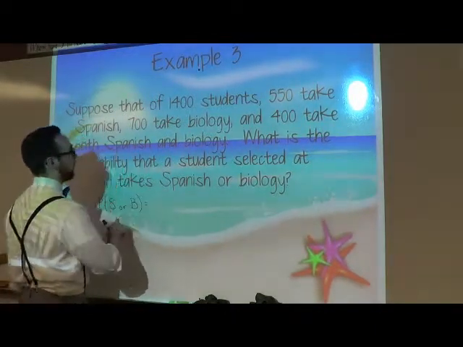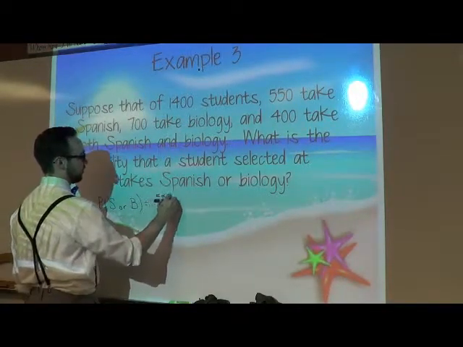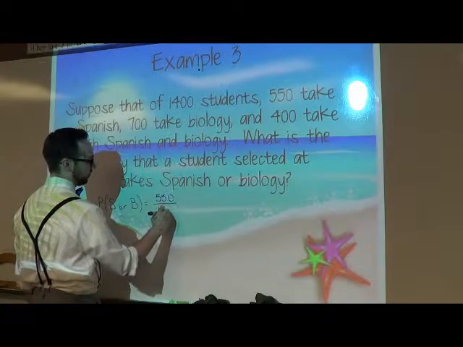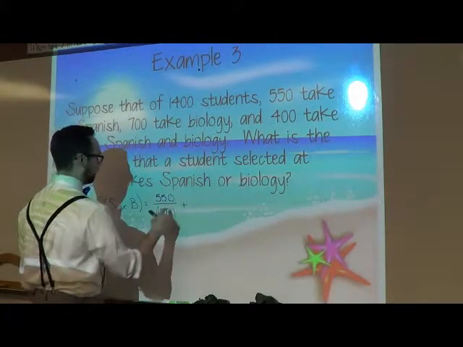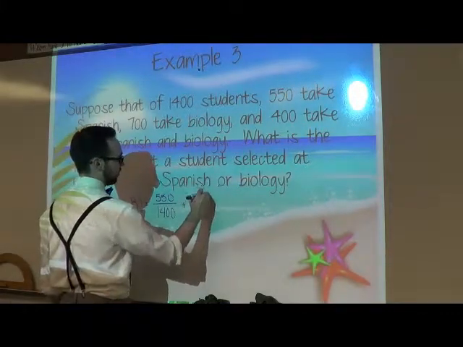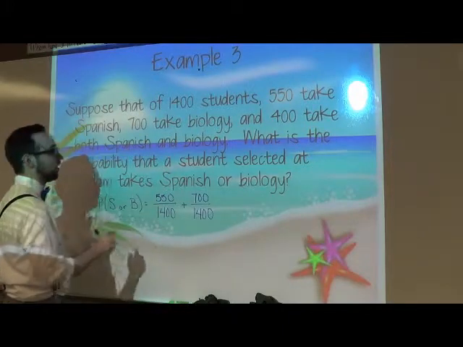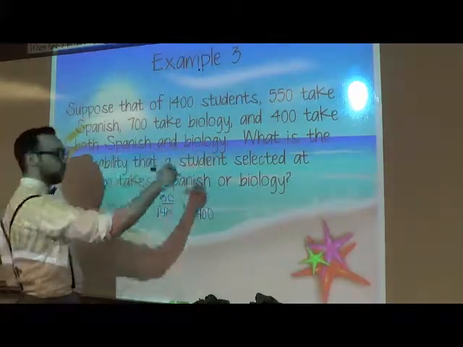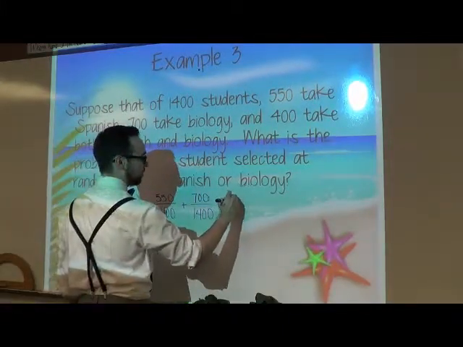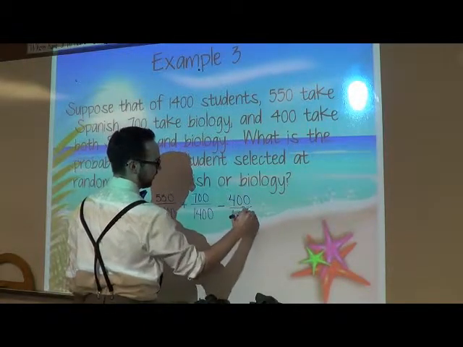So I have the probability of Spanish, which is 550 out of 1,400, plus the probability of taking biology, which is 700 out of 1,400. Now, there are 400 that do both. That's the overlap. So I have to subtract away 400 out of 1,400.